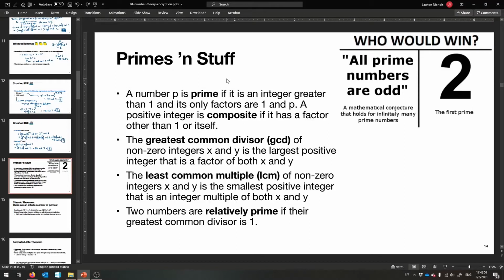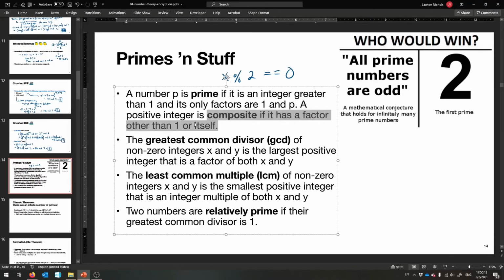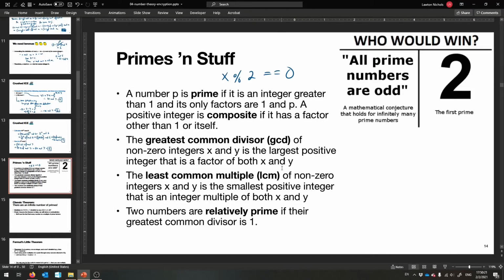So you know how to check for divisibility by 2 in something like C++? You say something like x mod 2, check that it's 0. That's how you check for a factor of 2, right? So just remember that. A positive integer is composite if it has a factor other than 1 or itself. I'm sure you remember all these silly definitions from some math class once upon a time.